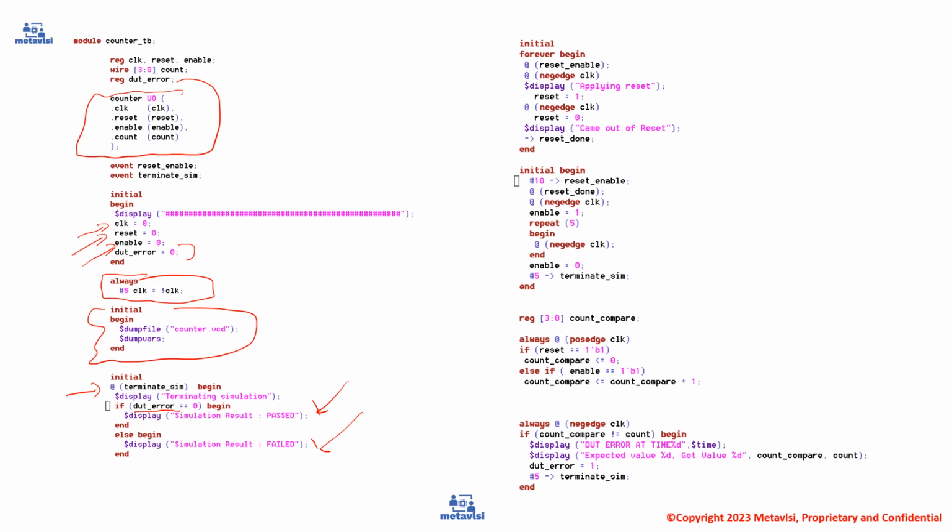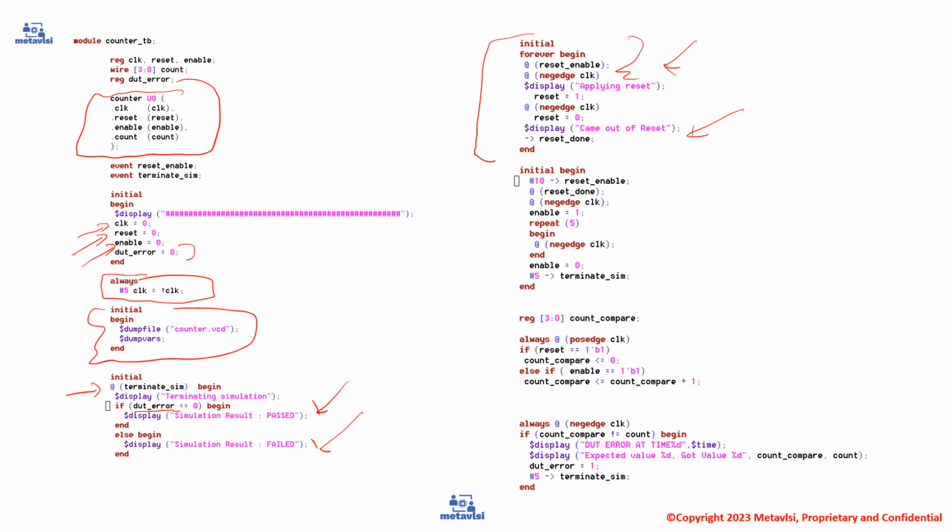This is an important aspect of your test plan: after the test plan is made, you should be able to automatically verify, maybe create a dashboard of what passed and what failed. It's an important part of writing a self-checking test bench. Then we have created an initial block where we apply reset and then come out of reset.